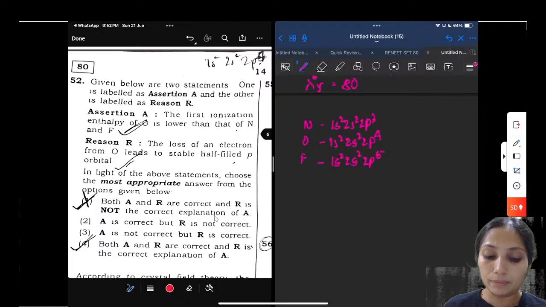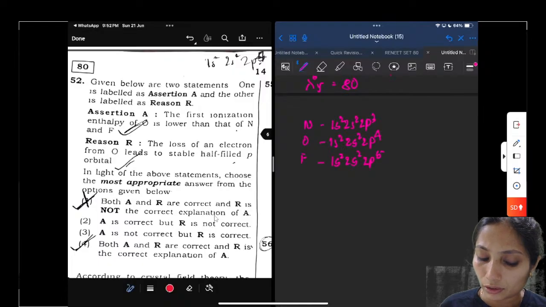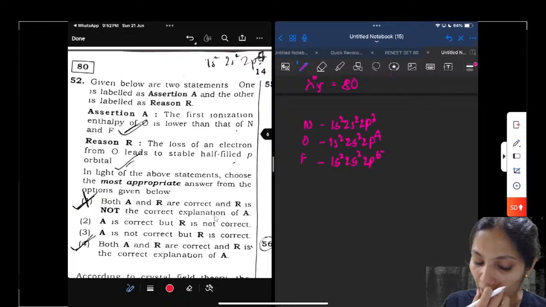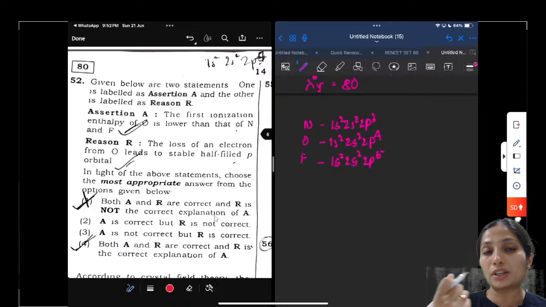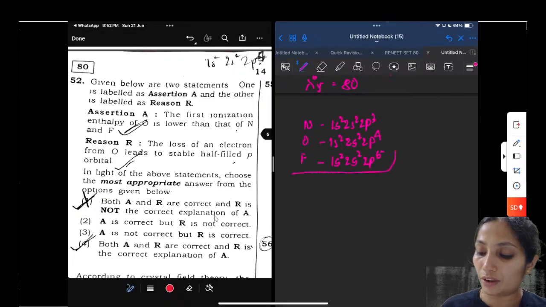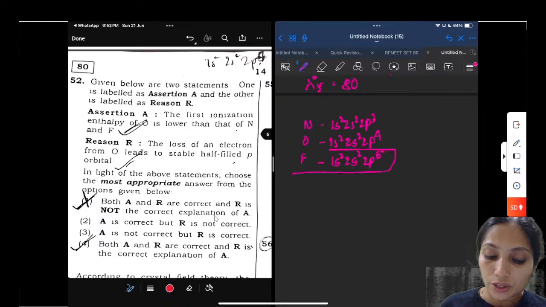Fluorine has the highest effective nuclear charge. It is very electronegative in nature. That's why we are not considering this one.